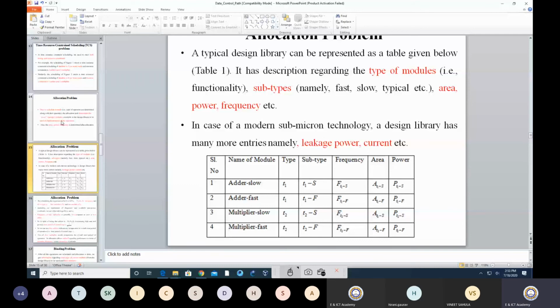Similarly, F subscript T2S is the frequency of my slowest multiplier, and F subscript T2F is the fastest multiplier frequency, and correspondingly area and power. So what is the point over here? The frequency, area and power for the slowest and fastest adder, along with the slowest and fastest multiplier, are defined. You consider that these are already designed. Now it is your choice which one you need to pick.